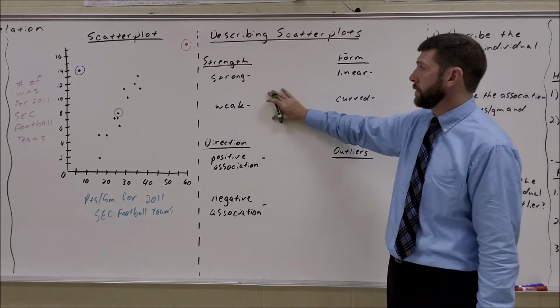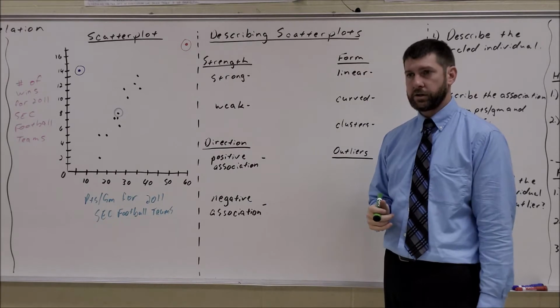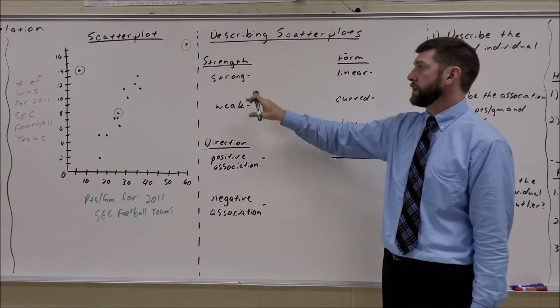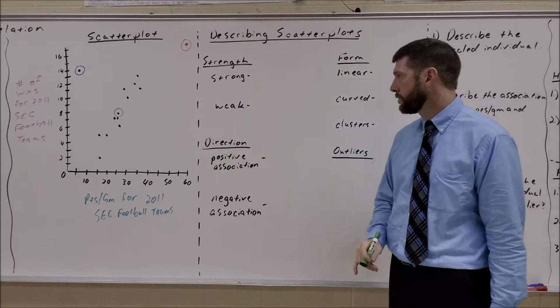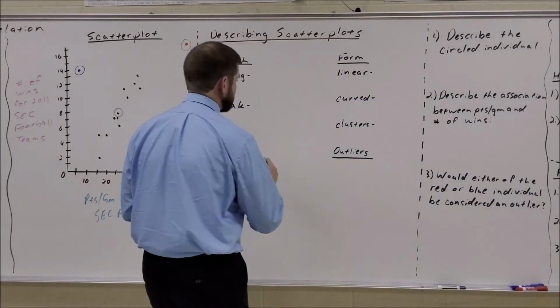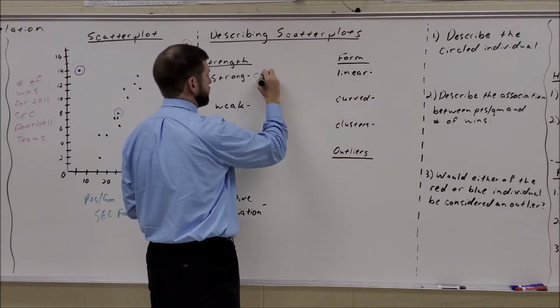So the first thing when I'm describing a scatter plot is I want to describe the strength of the relationship. Is it a strong association or is it a weak association? So when I talk about an association being strong, I talk about it having a clear pattern.